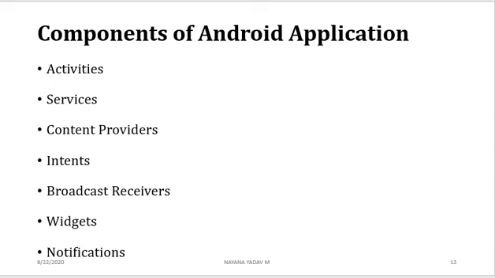The first one is activities. This is the user interface of your application, like text views and buttons, all the things which are built in your application. All these things come under your activity.